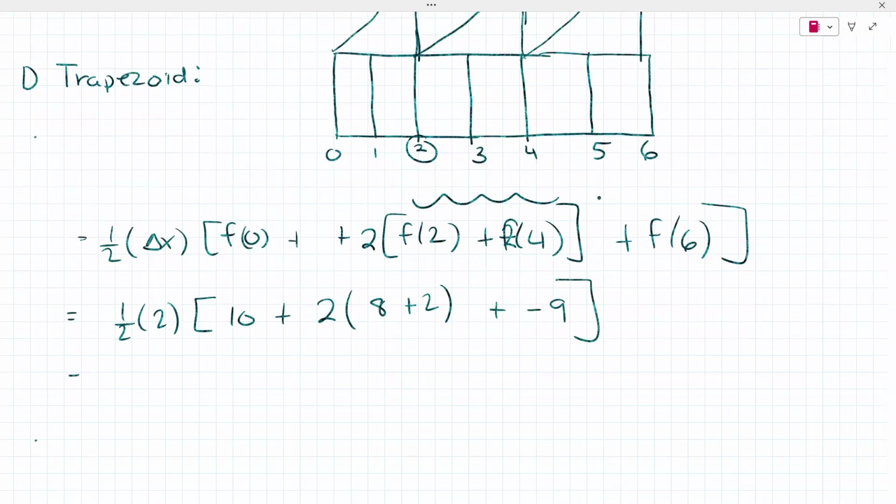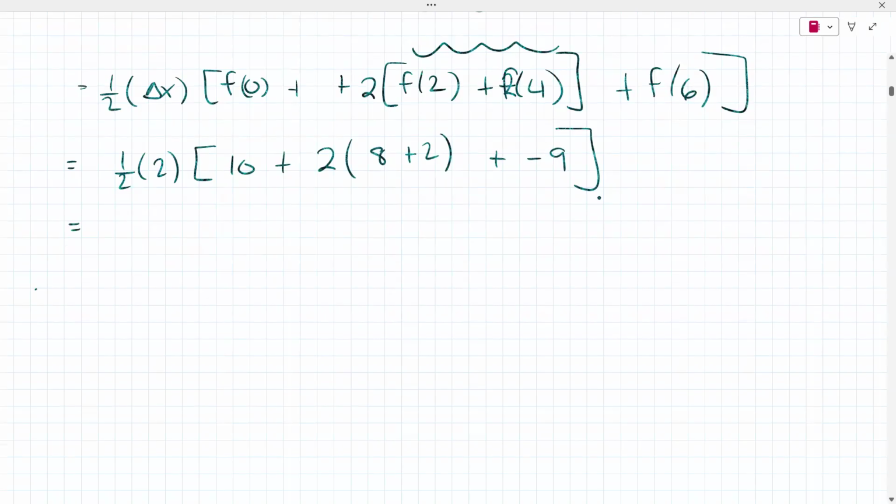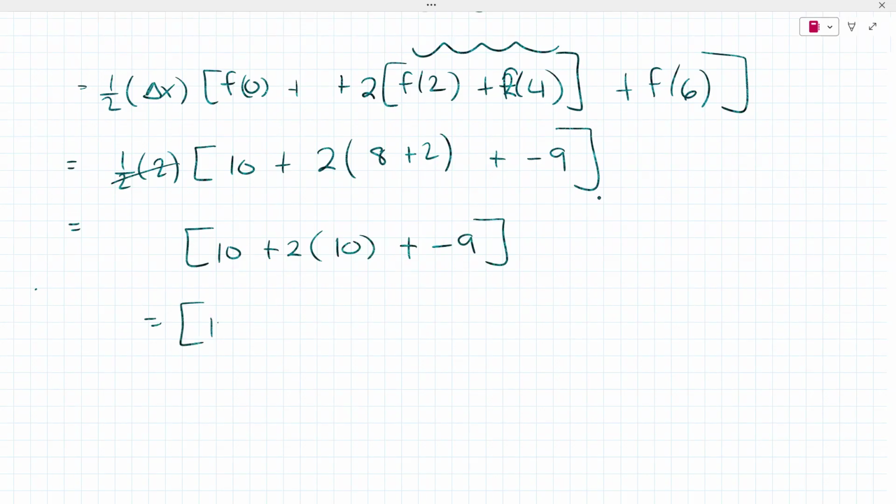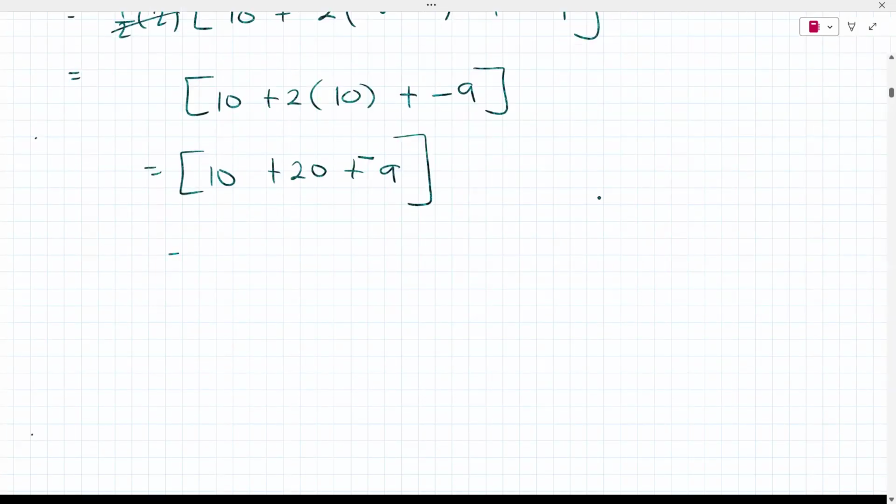Put it all together, you get 1/2 times 2 cancels, and then you're left with 10 plus 2, and then 8 plus 2 is 10 plus -9. And that gives us 2 times 10 is 20 plus -9. Put it all together, you get 21.